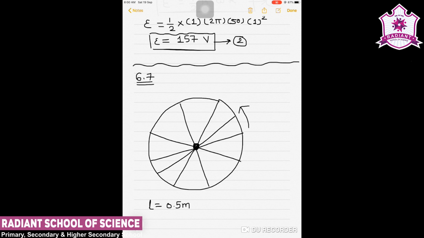Here we consider this as L from center to the periphery. Let us say this is R. It is rotated with a speed of 120 revolutions per minute.